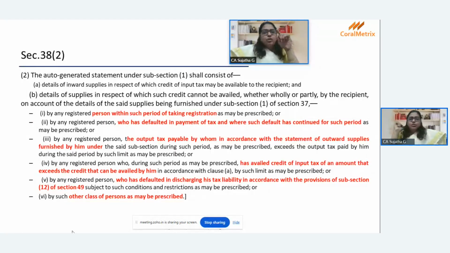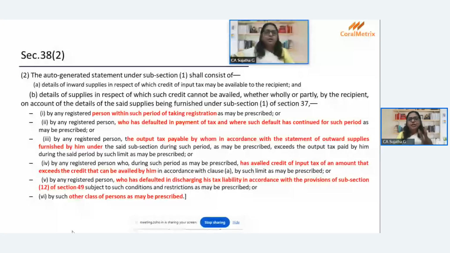There is a difference of 1,000 on his return, but still, as a service recipient, your input tax credit may be impacted because of his short payment, right? You might have purchased only 500 worth of input tax credit, whereas his liability is 1,000. You don't know. How is the government going to assess? We don't know. But as we stand today, this is what the provision says.